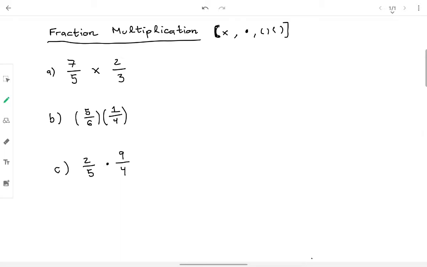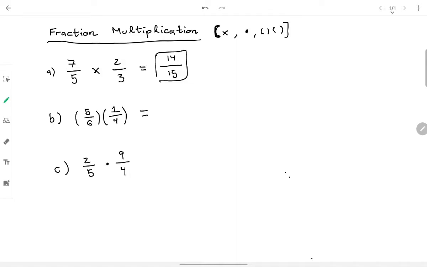Remember, we need to multiply both numerators and both denominators. So we will have 14/15. We need to see if this can get simplified. We cannot simplify it, so that's the correct answer.